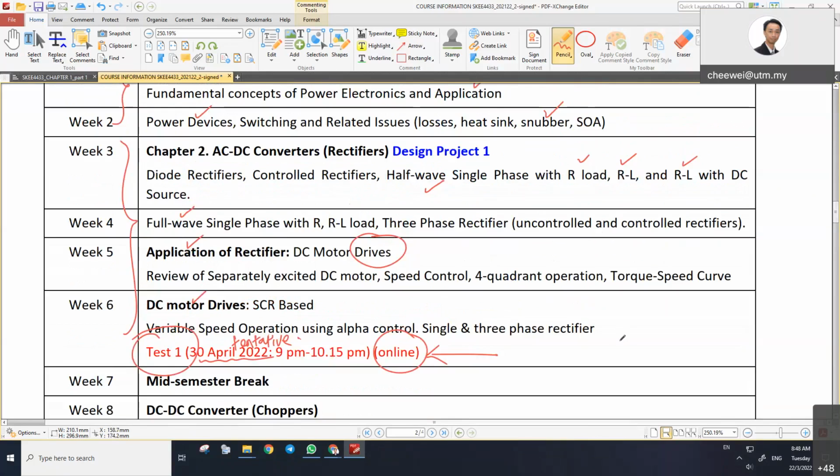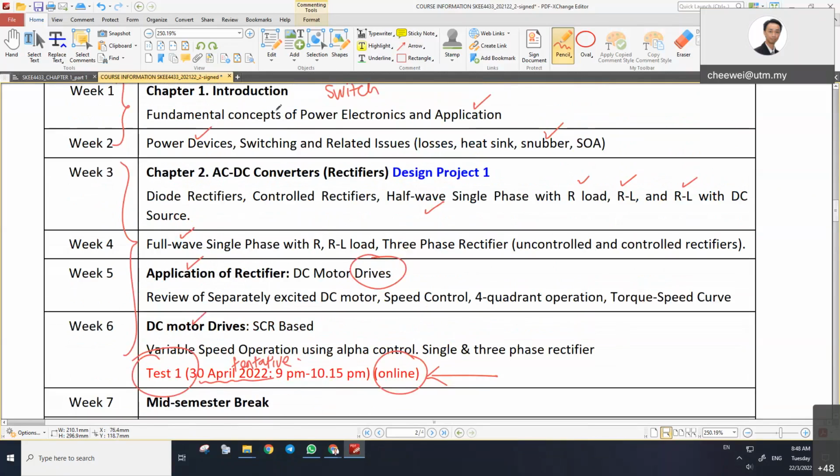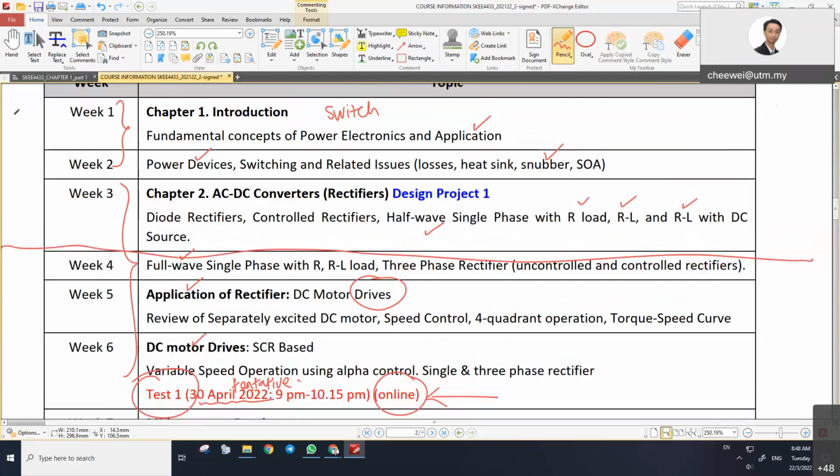Okay, are we going to include everything in test one? No, we only stop here. So test one will cover week 1 to week 3, up to the half-wave single-phase rectifier.